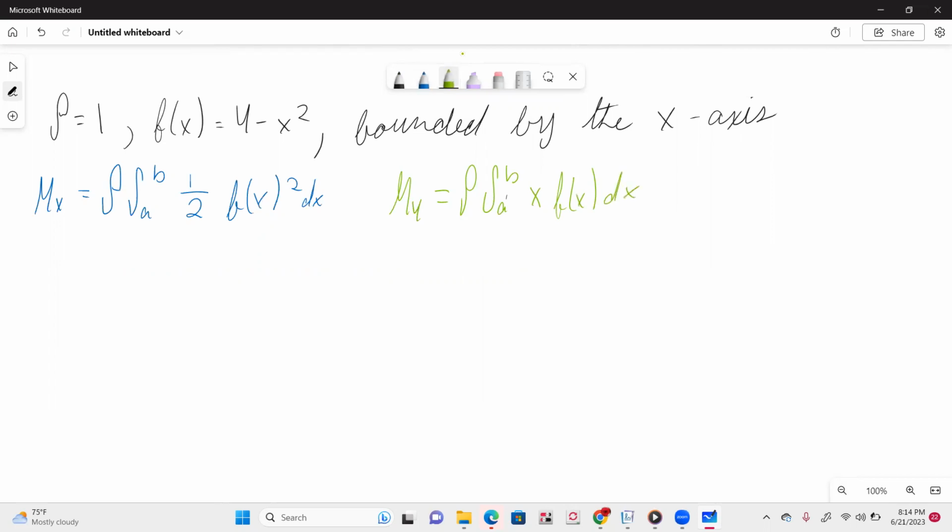Now, in order to get our a to b, that is our interval. So here, our bounds are defined by the x-axis, right? When something is at our x-axis, that means our y value is going to be equal to 0. So that means we consider f of x equal to 0.